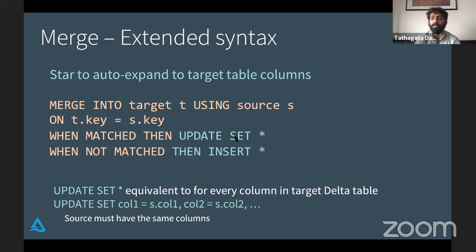Let's say you have changes which require you to update all the columns if it matches, or you want to insert all the columns exactly the same as the source. It's often tedious to handwrite all the columns if the number of columns is in the hundreds. So update star essentially auto expands the columns to say update set column 1 equal to source column 1, column 2 in target equal to source column 2, which makes it much easier to express and manage this sort of query.